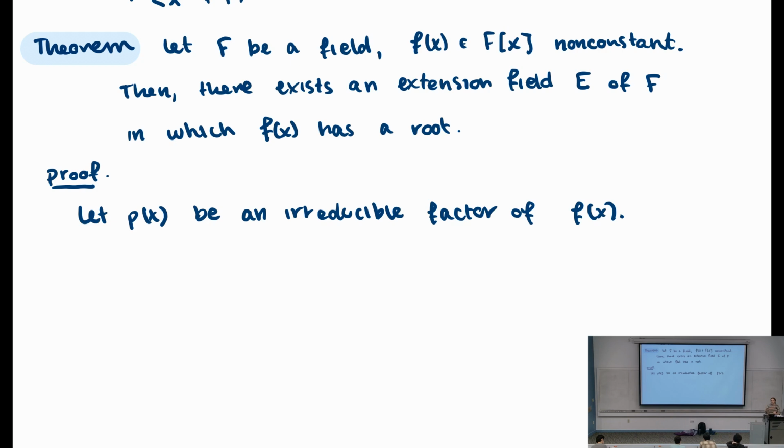You know it has to stop somewhere because they all will have positive degree, and the degree of f is finite. So worst case scenario would be that it fully factors into linear factors, and you have degree f many of them, and those are your irreducibles. But if it doesn't factor completely into linear factors, then you will have some irreducible factor.